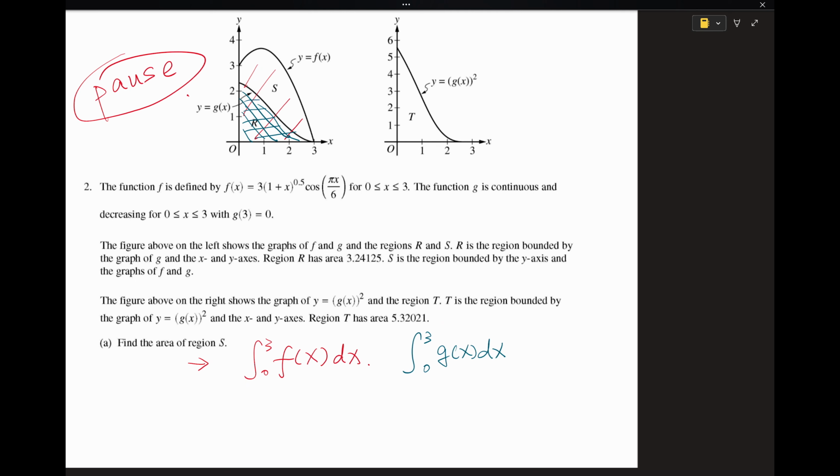Based on this graph, the area of region S would be equal to the difference between the red region and the blue region. So we'll just do the calculation of the difference, and the expression would be like this.